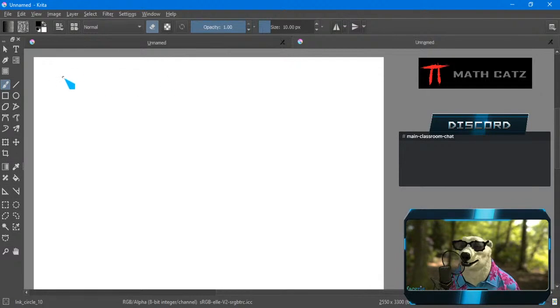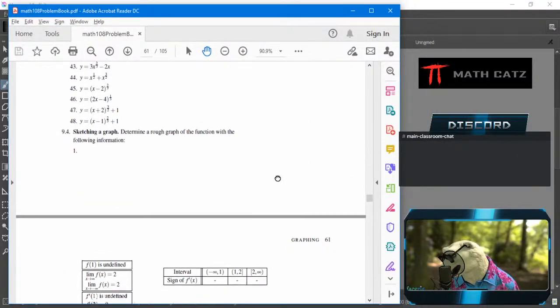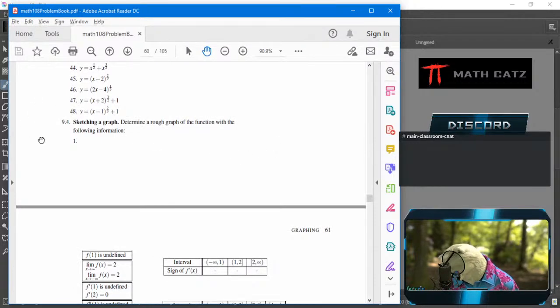So let's just look at, whoopsie, eraser mode randomly. Problem 9.4. Well, I might as well just do number 1. I'll just show you what it looks like, but I'll copy the information. It's at the very bottom of page 60 where the problem starts.